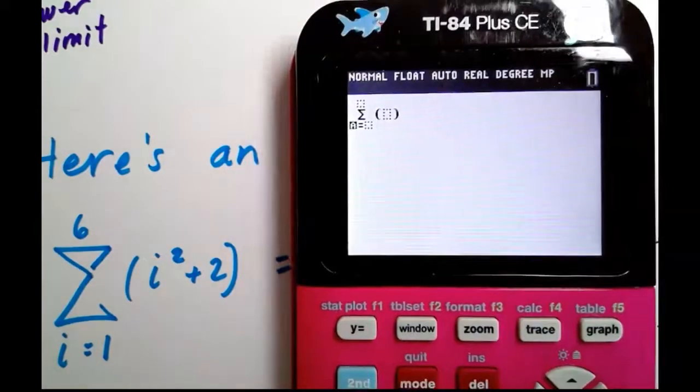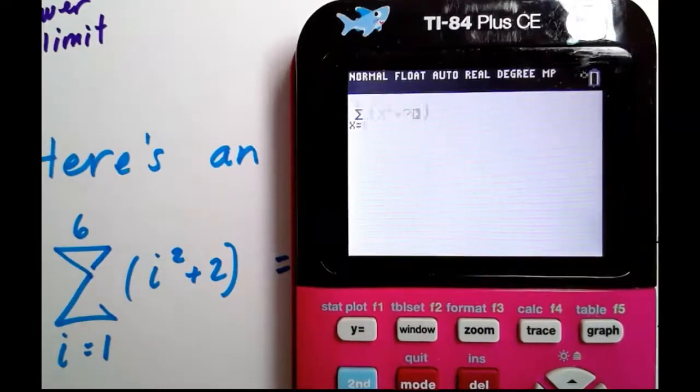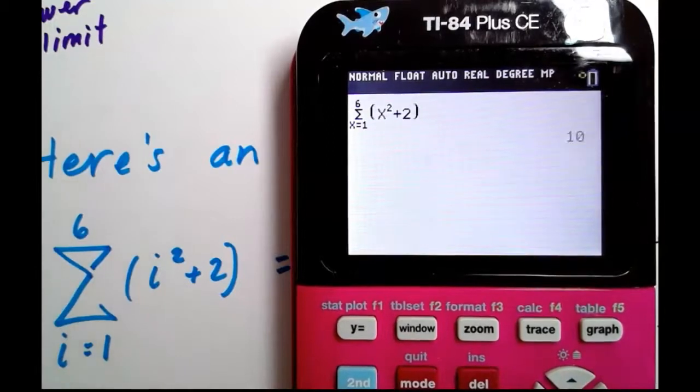So we're going to enter that in. So x equals 1 for the lower limit, and the upper limit is 6. And then we're just going to fill in our argument. Instead of i squared, we're just going to put in x squared. So x squared plus 2, and then enter, and we get 103. So that's how you enter a sigma notation on your calculator.